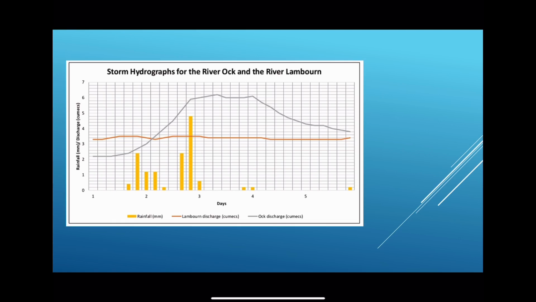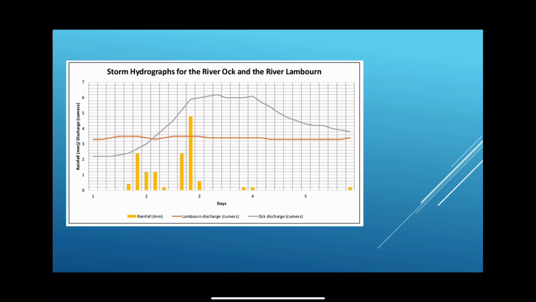As you can see here, this is what all that kind of data would look like on a graph. So we can see from this graph that we have two rivers on here, the Lambourne and the Och, and over an amount of days the actual discharge of the river for both changes slightly.